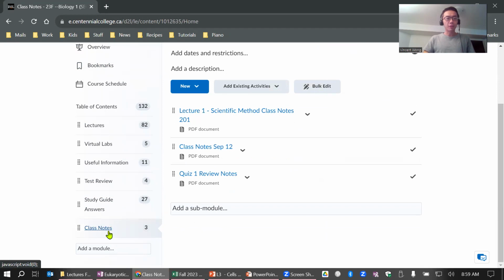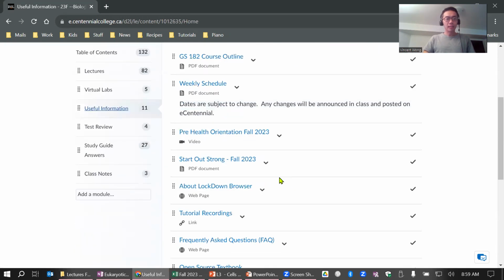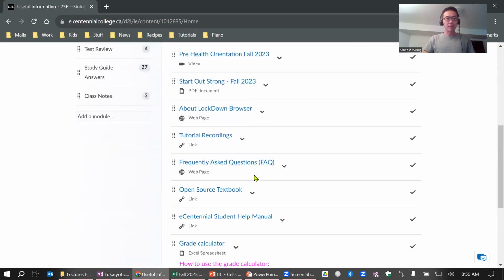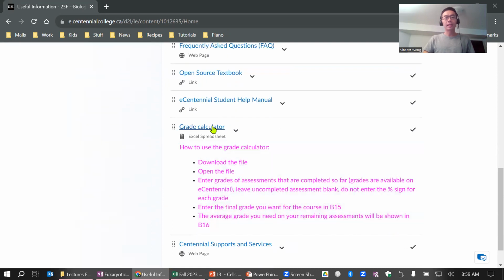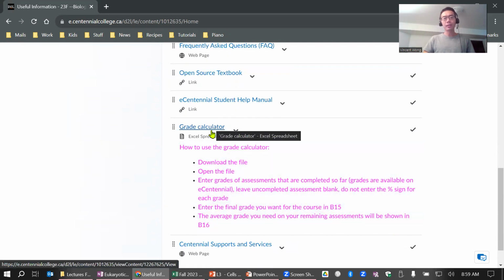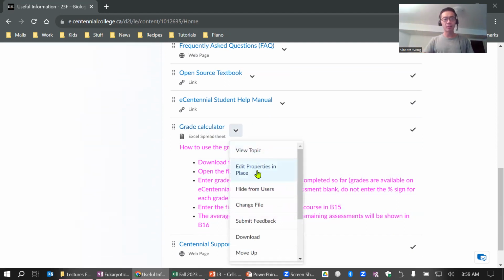I've created this thing for you. If you go to useful information, there is something called grade calculator. You can download the grade calculator, and then you can plug in your grades, basically. Let me see if I can download it to show you.